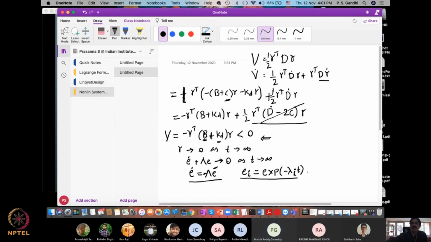Based on this, these are the arguments one can use. Error is driven to 0, and error derivative also will be driven to 0.